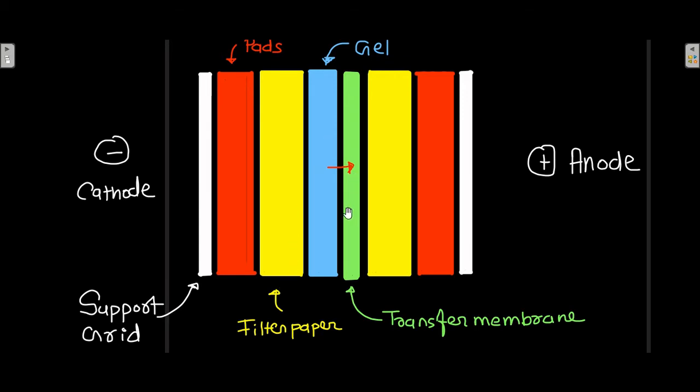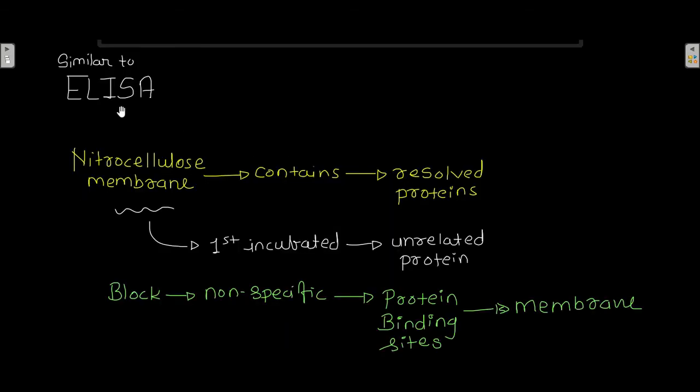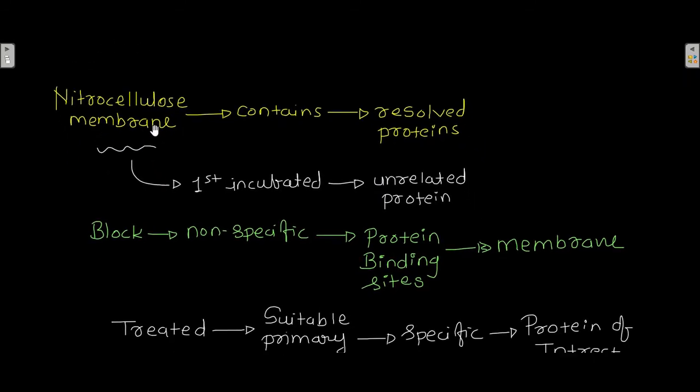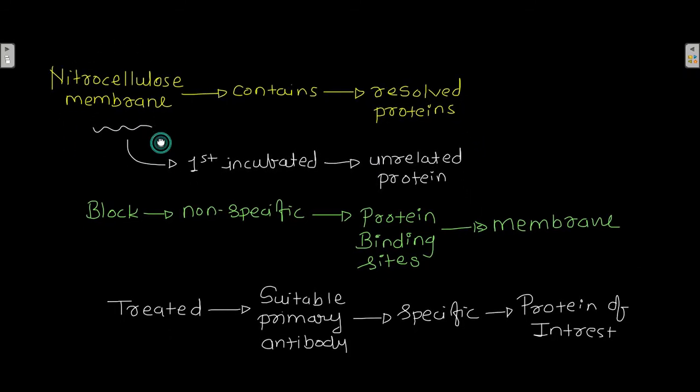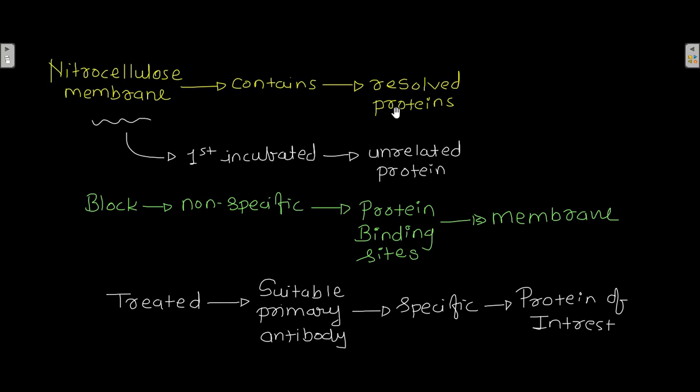Now similar to ELISA, the nitrocellulose membrane that we got, which contains the resolved proteins, is first incubated with unrelated proteins. This is done to block the non-specific protein binding sites on the membrane.